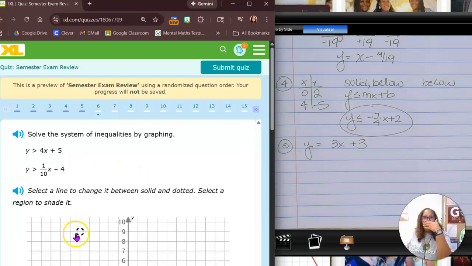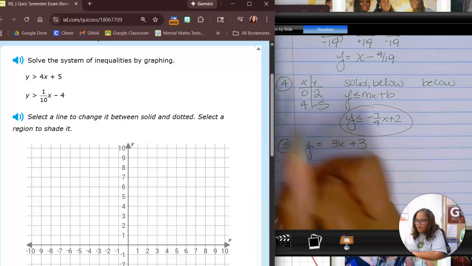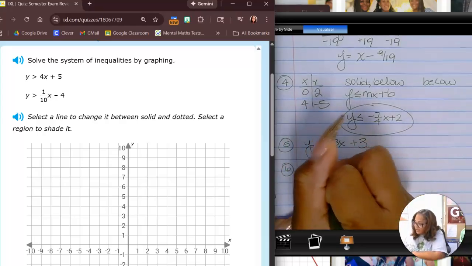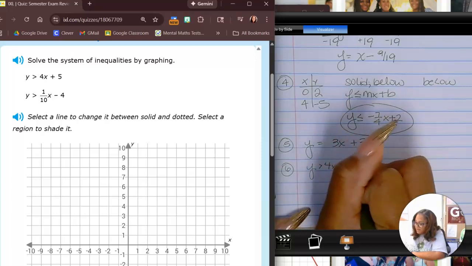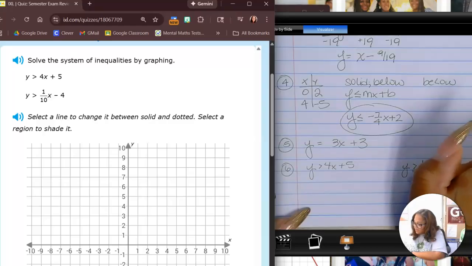Save answer. Solve the system of inequalities by graphing. Always, always, always graph with your y-intercept and then follow the slope. So y is greater than 4x plus 5, and y is greater than 1/10 x plus 4.